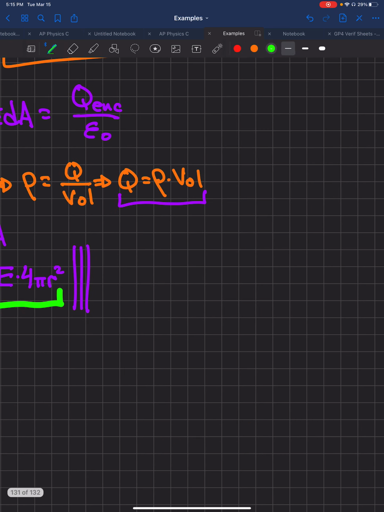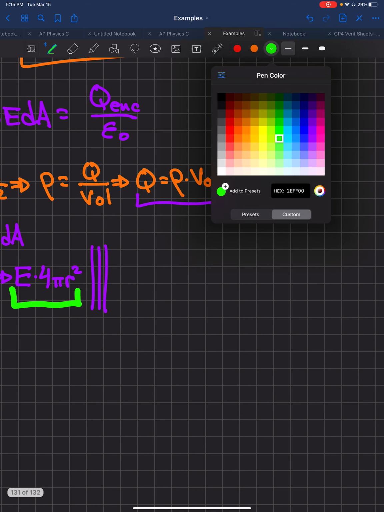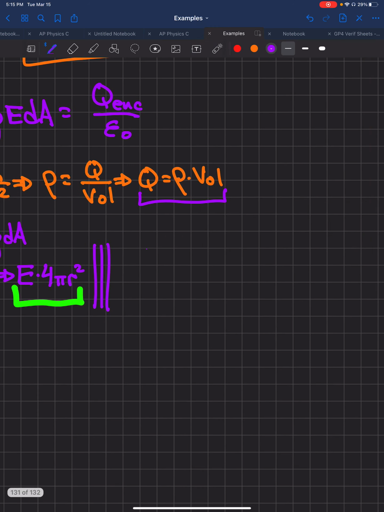When we look at the right side of Gauss's law, we say Q enclosed over epsilon naught, but Q enclosed is going to be rho times dV. You might ask, why did I use dV?